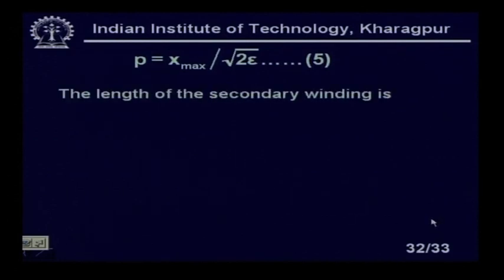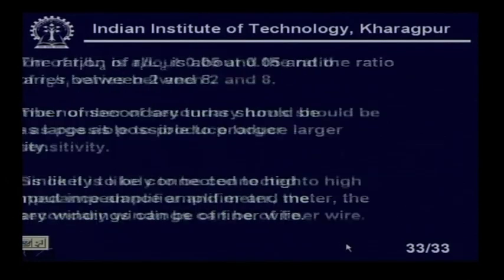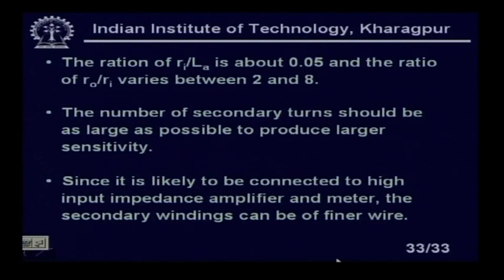The length of the secondary winding is given by S equal to P plus x max. The length of the core and the length of the secondary are kept a little more to accommodate the small spacing between the primary and its secondary windings. This is necessary. The ratio of Ri by La is about 0.05, and the ratio of Ro by Ri varies between 2 and 8.